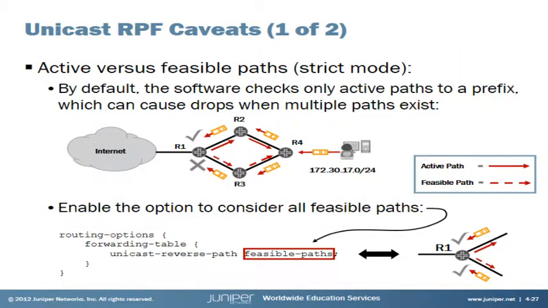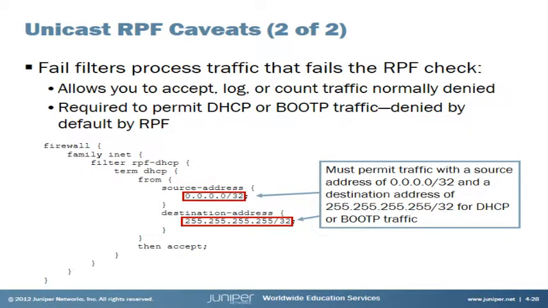All right, so when we're looking at this unicast RPF, there's a couple of things we think about when we're setting it up. There may actually be more than one legitimate path to a destination network, in which case you would have to add the parameter feasible-paths when you configure it, which means that it will not drop the traffic if there is a feasible path to the network.